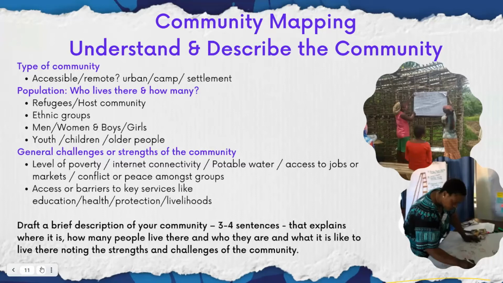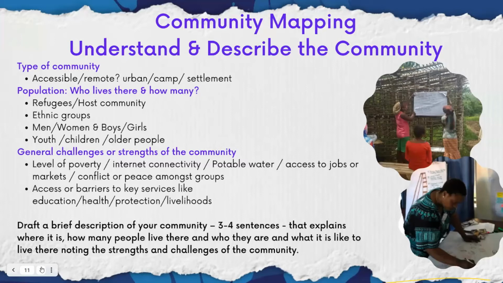The other thing is, what are the general challenges or strengths of your community? What's the level of poverty? Is there good or poor internet connectivity? We all know refugees in the settlements don't have much connectivity, but those in urban centers have some good connectivity. But not all those in urban centers have connectivity.